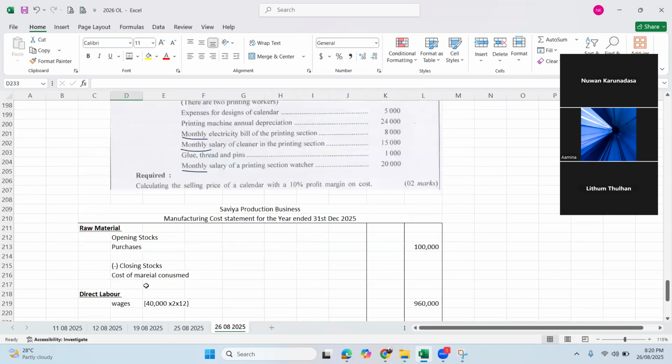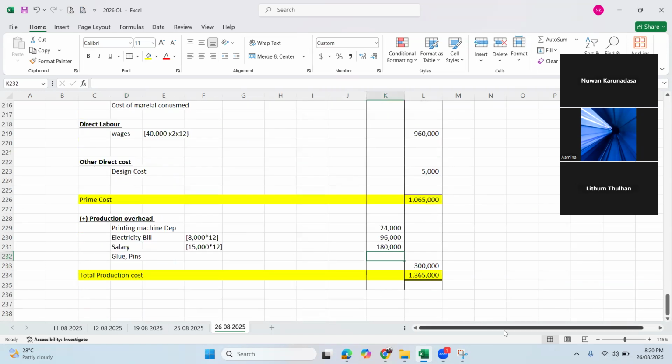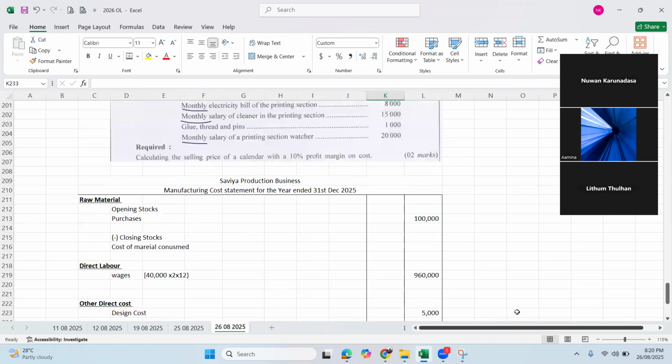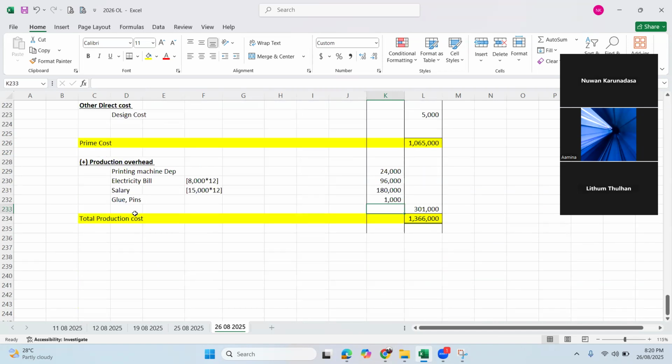Glue pins, 1,000, smaller value. Then what else? Monthly salary of the printing section watcher. Again, given monthly, you have to multiply by 12.